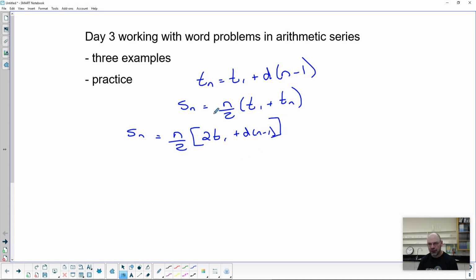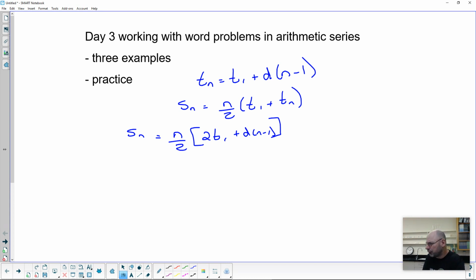So there's the 3 formulas that we're going to be working with in our practice examples today. I've got 3 examples over here on the side that we'll work through, and once we work through those, then we'll do 3 or 4 practice ones. This is still in 1.2, it's just the second day of it.